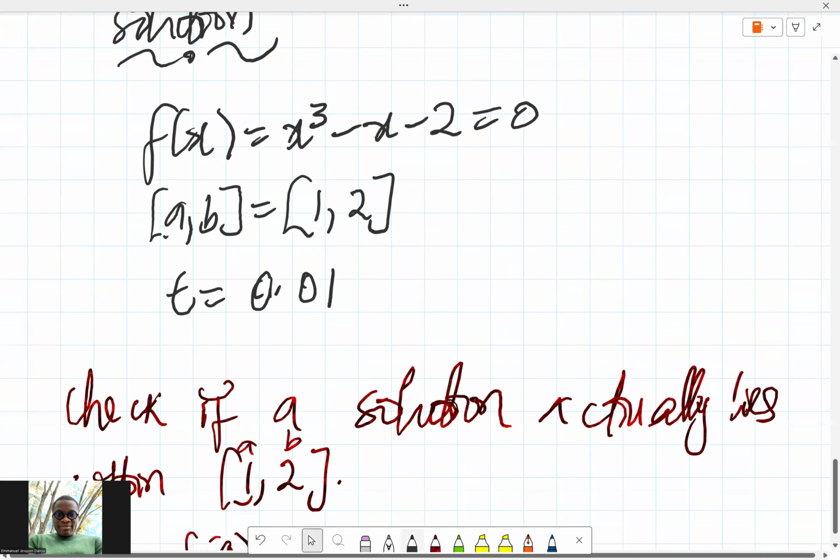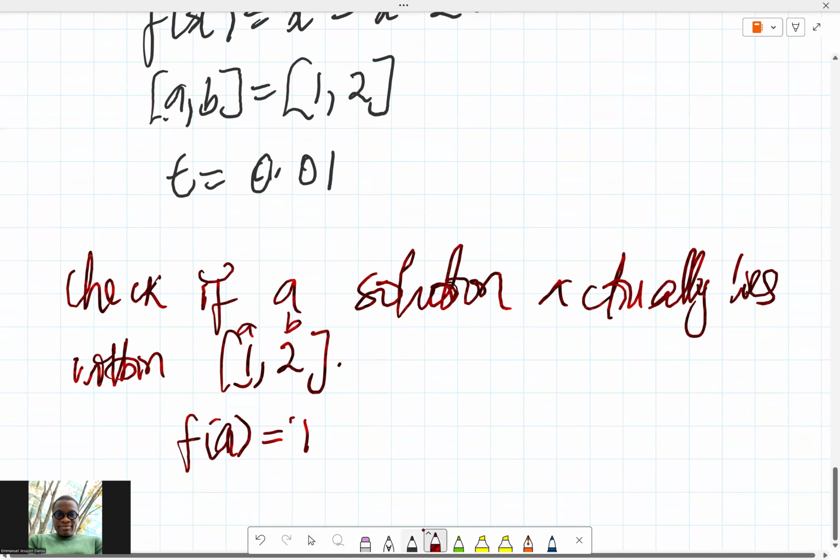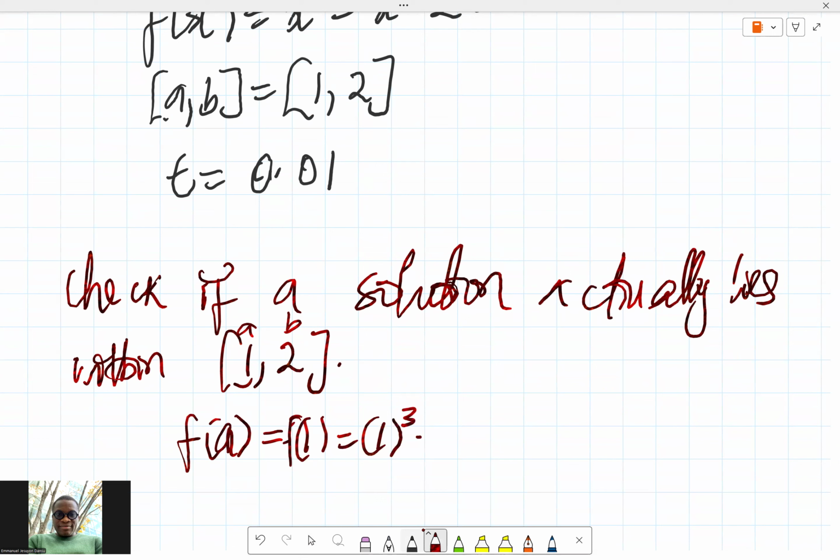Of course, f of x is x cubed minus x minus 2, so f of 1 is 1 raised to power 3 minus 1 minus 2. That is 1 minus 1 minus 2, so that is minus 2. Yeah, 1 minus 1 is 0, then you have minus 2 left.